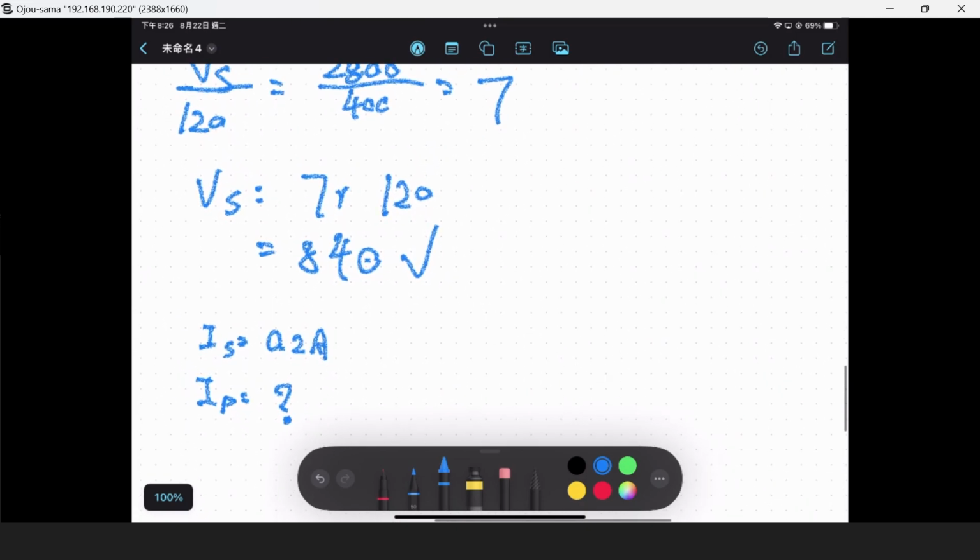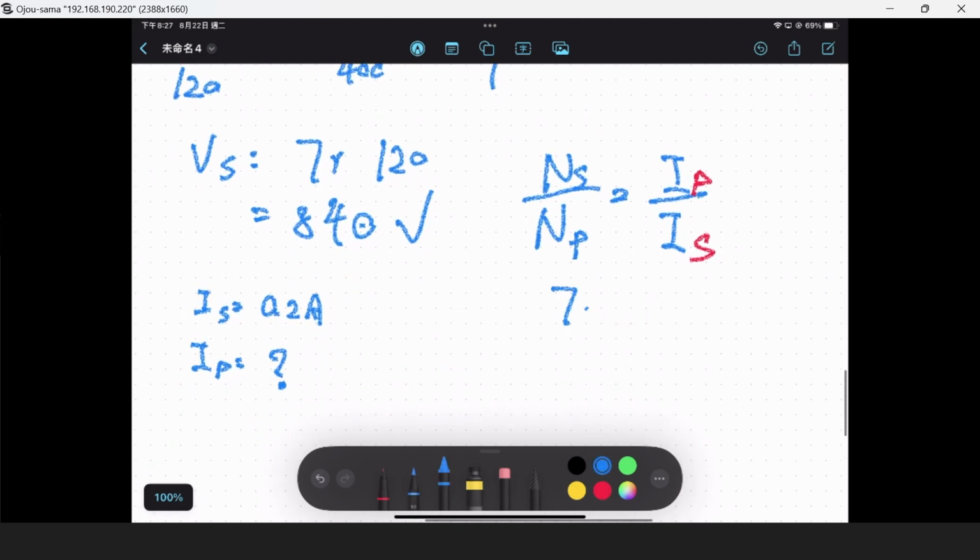So you still remember that there is another formula: Ns over Np equals Ip over Is. And we know that the ratio here is 7. 7 Ip, I don't know what this is, but Is I know it is 0.28.